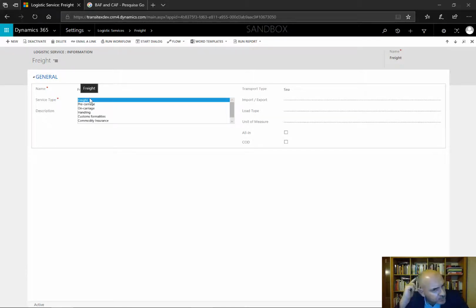And the service type is important because whenever you set up a tariff scheme and you ask the system to search for a tariff and it finds it on a specific tariff scheme, what happens is that the system calculates the full price, but then everything is divided through these categories.